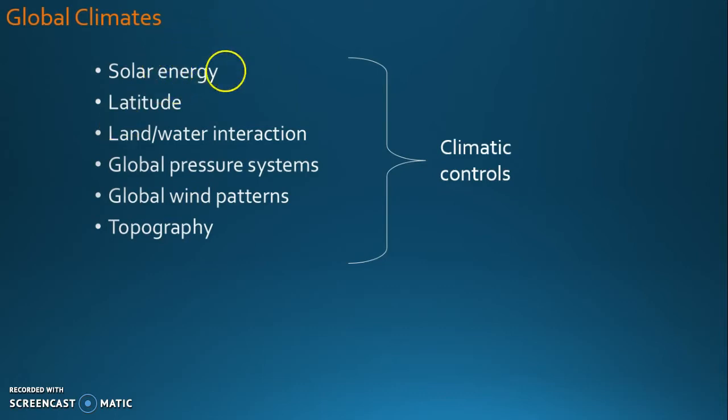Land-water interaction: places that are close to large bodies of water, mainly the ocean, tend to have milder climates, so not so harsh, like here in California. Winters or even summers tend to be ameliorated by being close to the water.